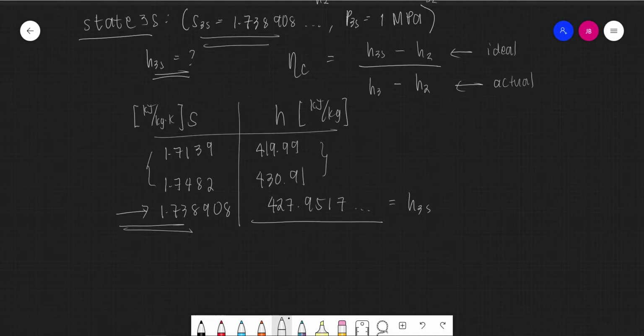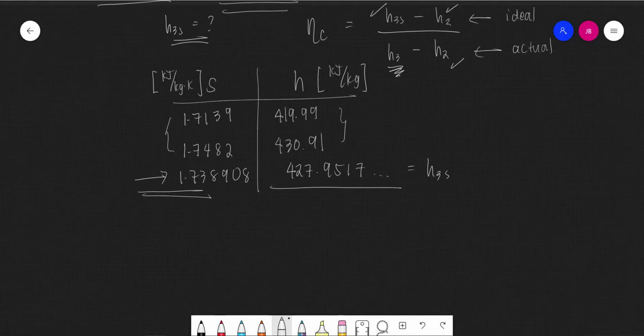Okay, our next step would be solving for H3 because we already know H2 from the previous step. H3s, which we just finished, we also know. Eta C is given, which is 0.75, and we can now use our calculator to solve for H3. So let us just input the values first.